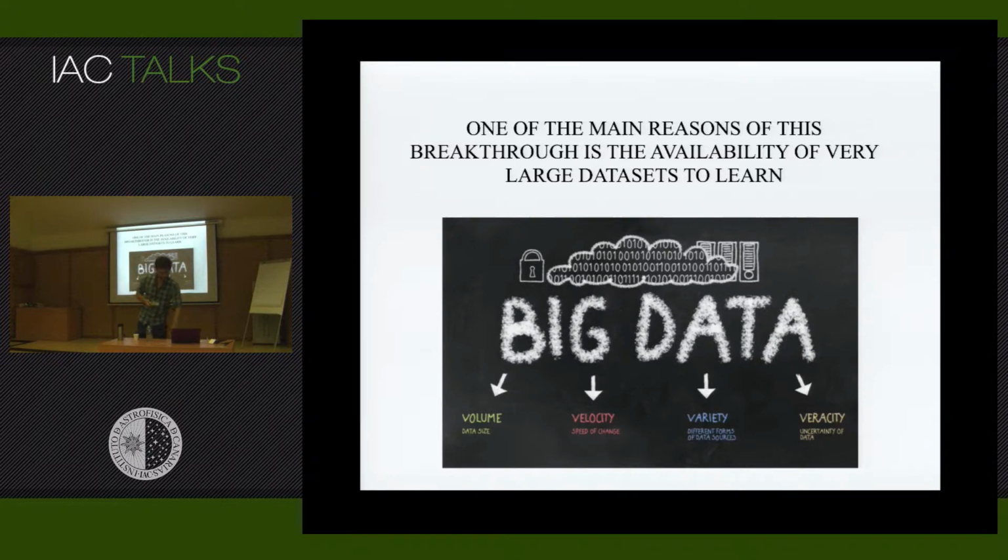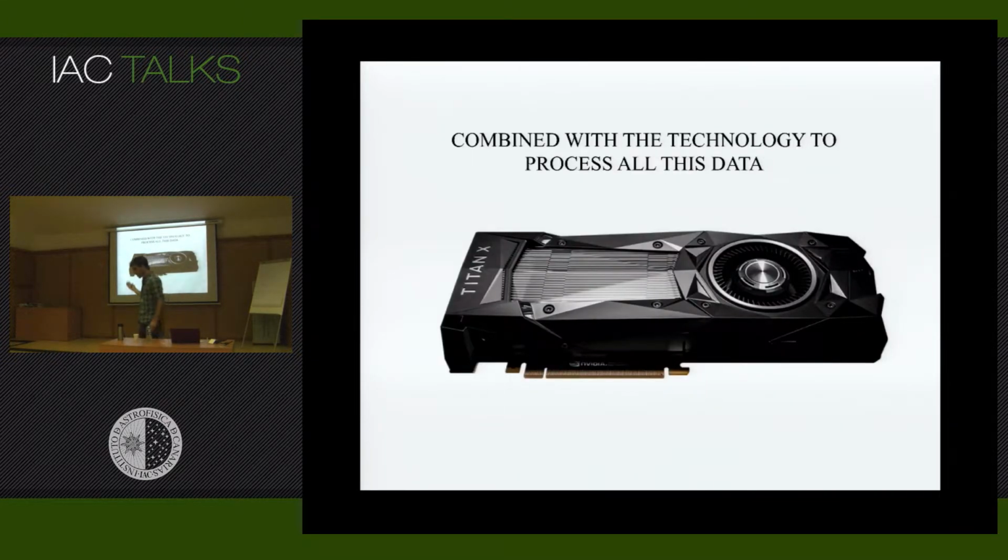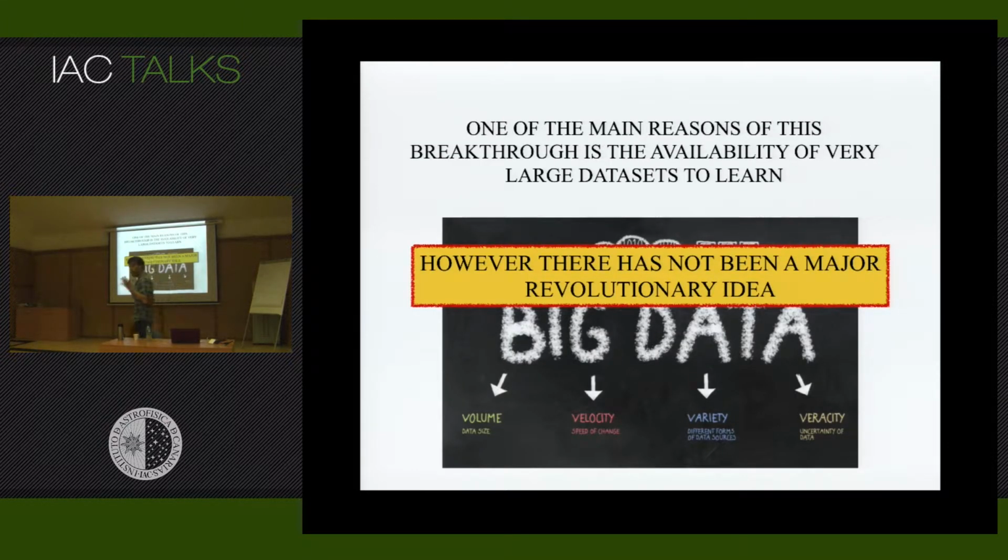But basically, in terms of hardware, we now have the means to train these complex models, thanks to GPUs, graphical processing units, that can train these algorithms efficiently in a way we couldn't before. But there is no major revolutionary idea.